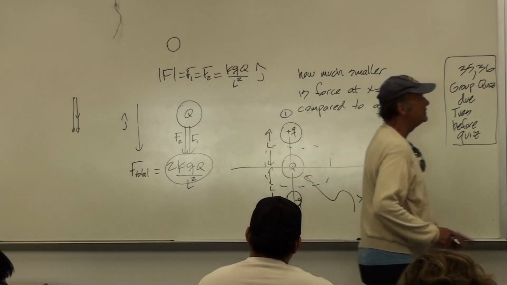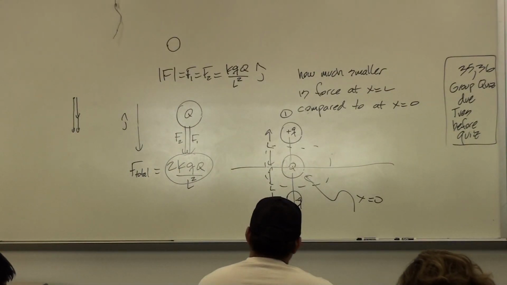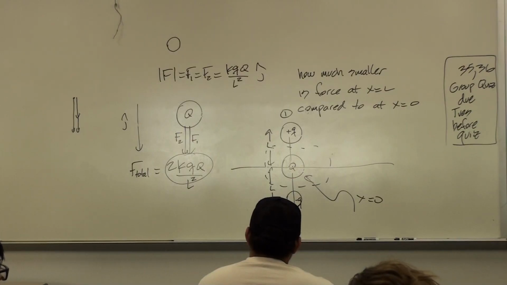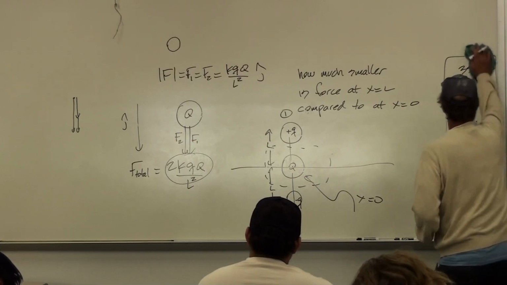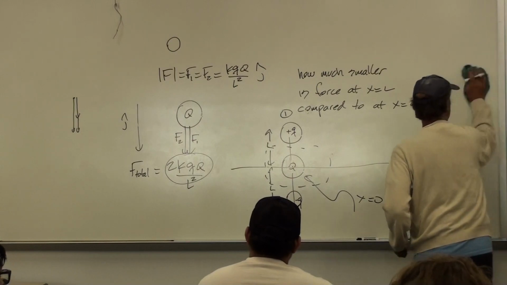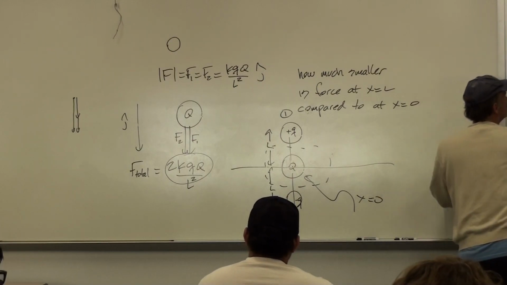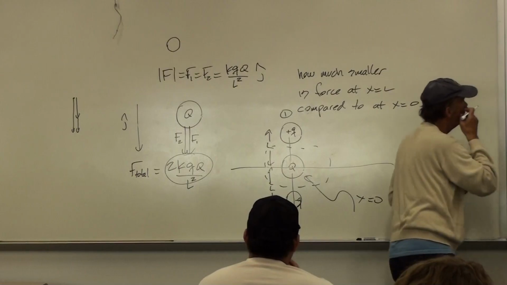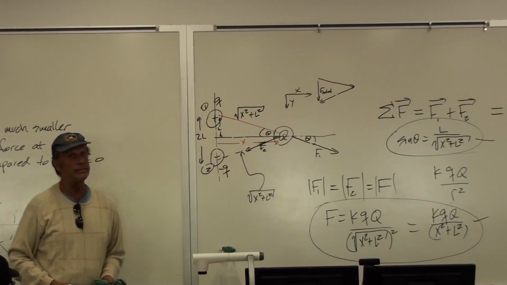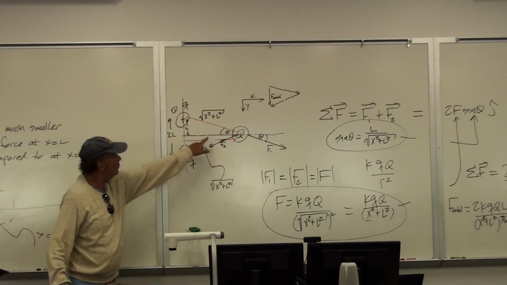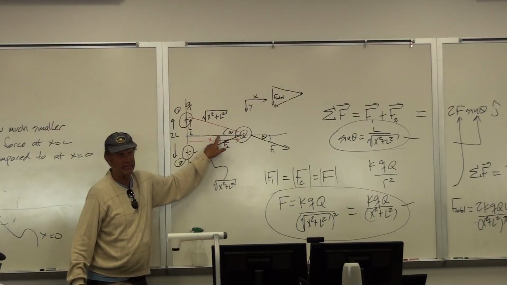Okay, now let's evaluate when x equals L. Let's find what the force is there. Now, can you see that when x equals some value other than 0, it's not going to be at its maximum anymore? Because you're wasting some of the force components.